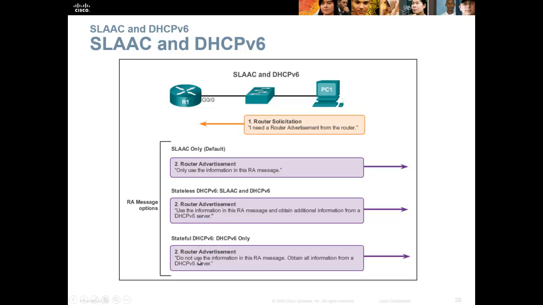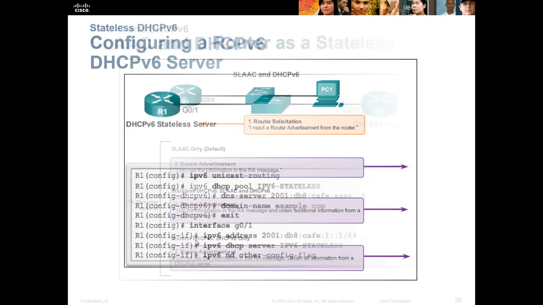Or it says, hey, I don't have this information, I'm going to send you on to the DHCP server, if we're only running DHCP, because I'm doing stateful. Remember, with stateless, you don't really have a DHCP server, you're just going to send minimal information to the clients, and they're going to configure themselves. If it's stateful, there's going to be a DHCP server, and it's going to assign the IP addresses.